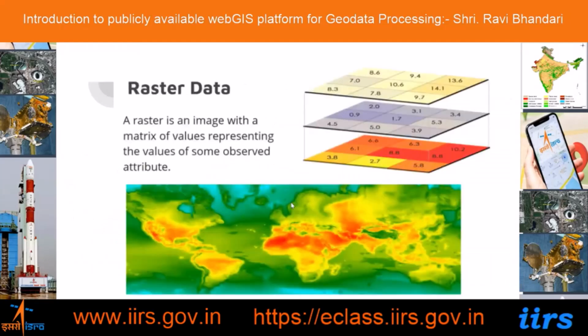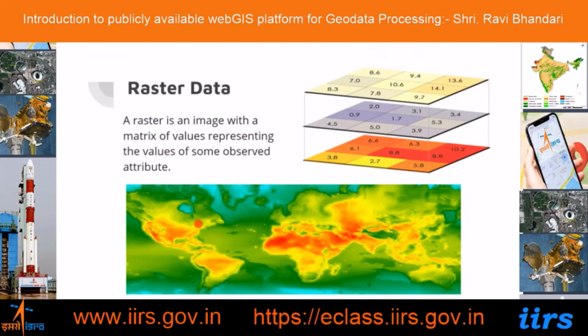Next comes raster data. A raster is an image with a matrix of values representing the values of some observed attribute. That observed attribute may be the surface reflectance or temperature of some area. Here you are seeing this image, which is the temperature of the entire earth over some particular day.